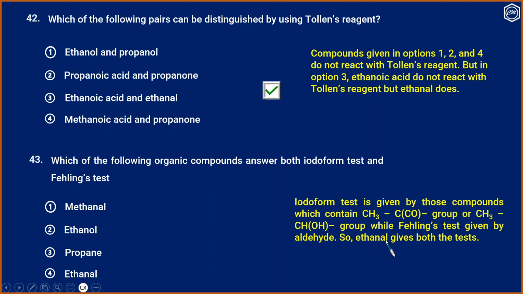So ethanal gives both the tests. So that is the correct answer.